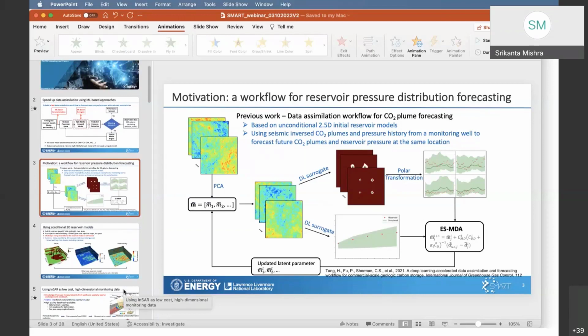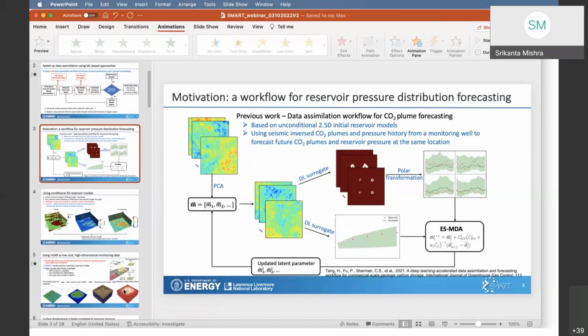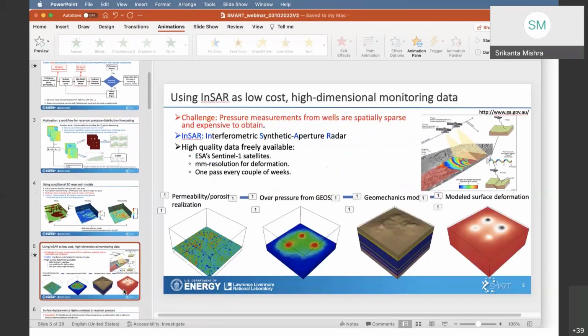I know that this was done for In Salah, but other than that, at least I'm not aware of any other CCS project where a successful correlation with the InSAR methodology was done. So while your approach is very nicely developed and well demonstrated using synthetic data, I'm not sure about the broad applicability if InSAR is not available.